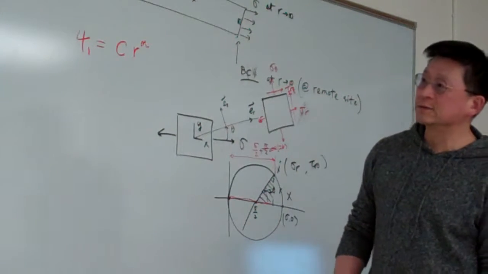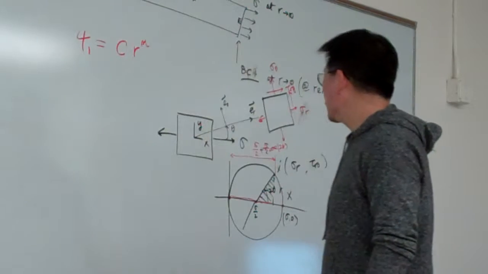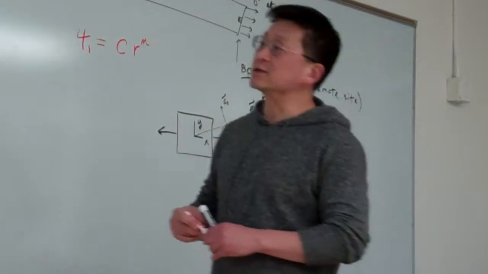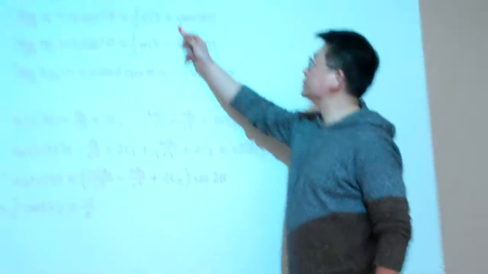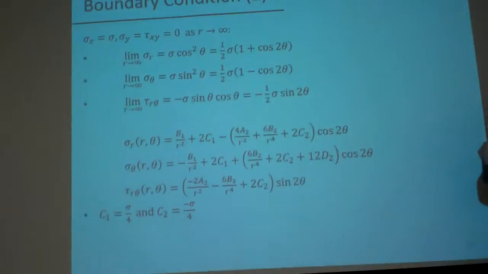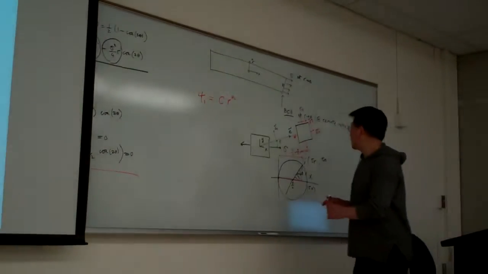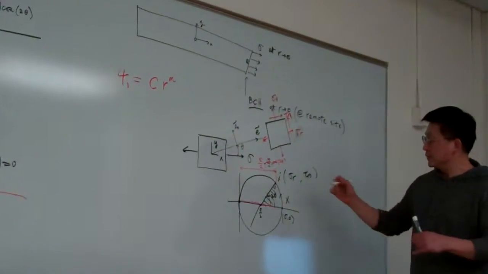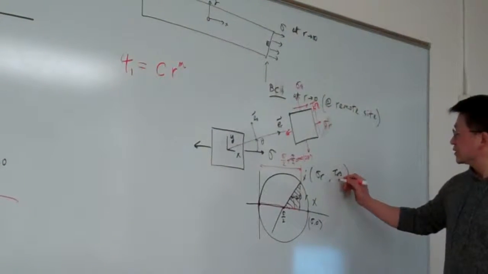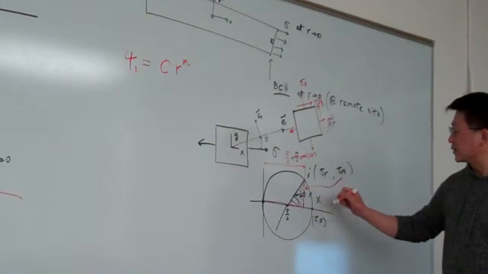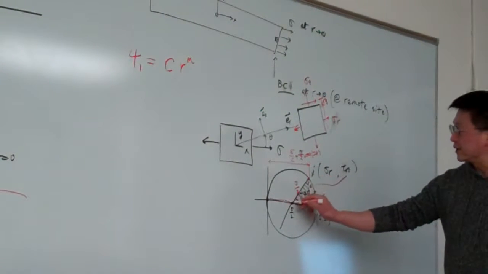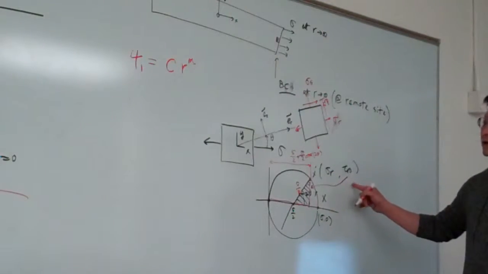Hopefully I'm doing it right. So that is the one we are showing here. In the same way, tau r theta is this one, and if you look at this, the radius is sigma over 2, multiplied with sine 2 theta.